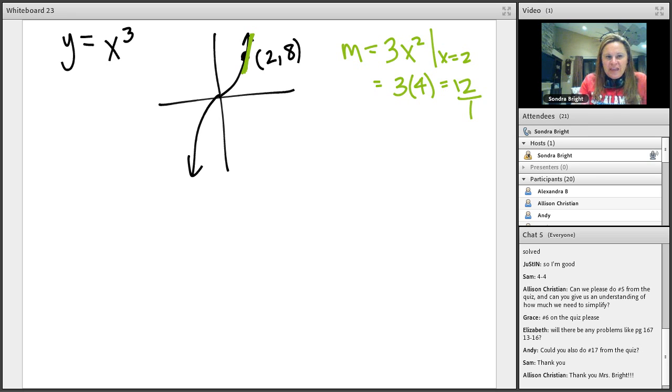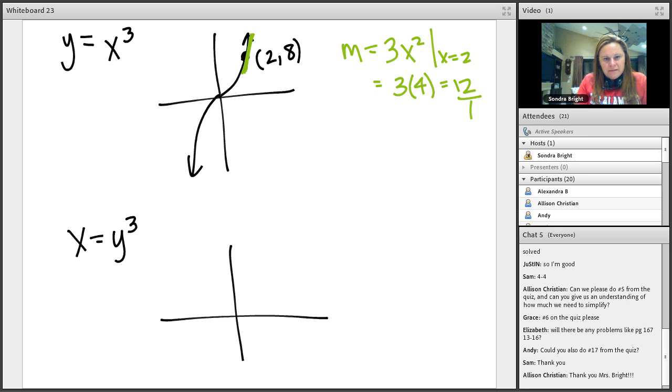Now, if we're talking about the inverse, that means x is equal to y cubed, because you flip your x and your y, right? That is still a swimmer stroke, but it's kind of laying on its side like that. And now you've got this point here, (8, 2). When y is 2, 2 cubed gives you 8, so your x is 8 and your y is 2.